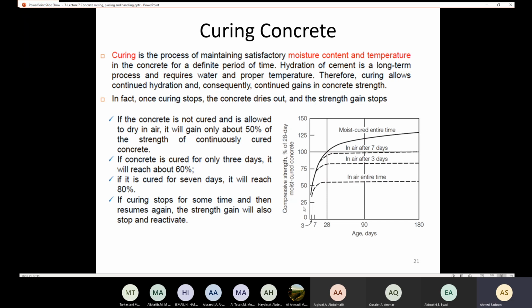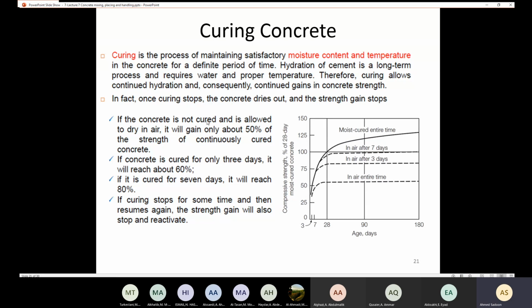So, like you can see here, if you compare this sample with that sample: this sample has been put in the air the entire time, so no curing has taken place here. While for this one, we have curing for 7 days.